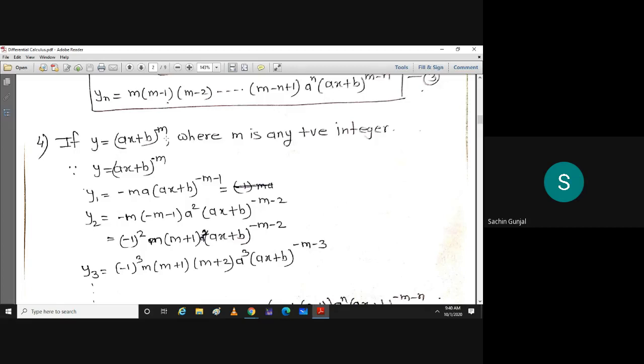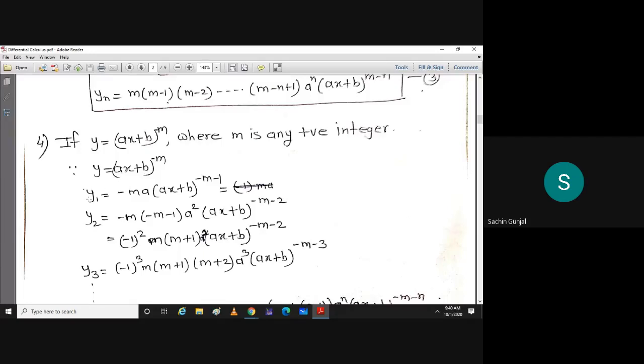How will you write it? 2x plus 3 raised to minus 5. Is the function clear? Yes, sir. Good. So where m is a positive integer, keep in mind.